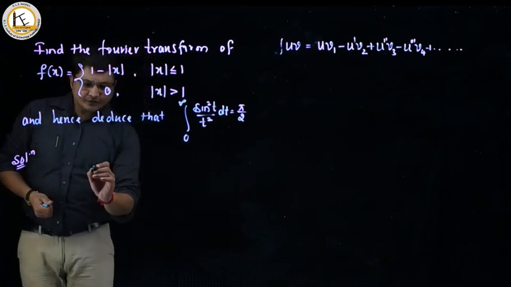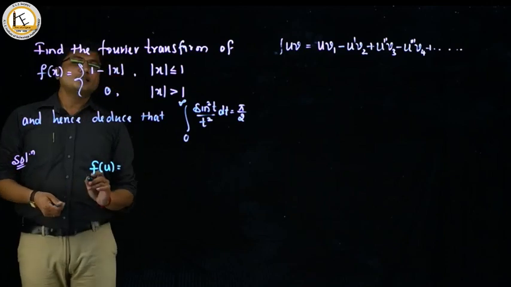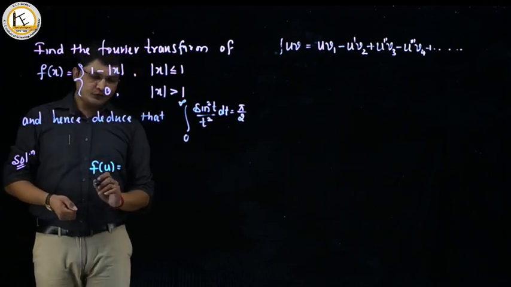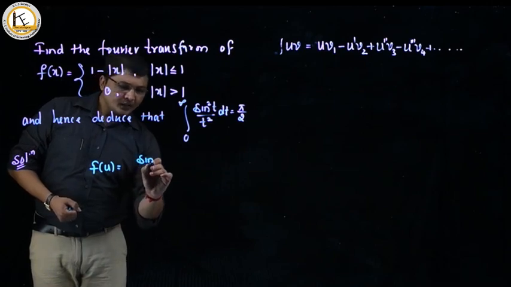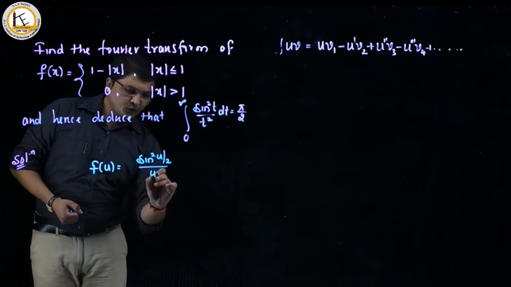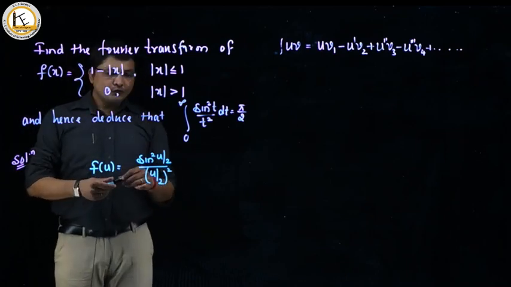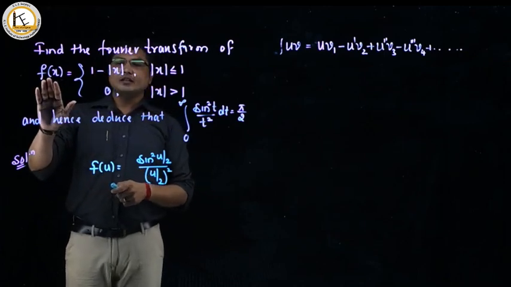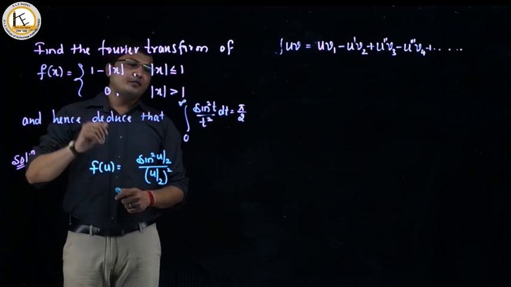Since from the first part we obtained the Fourier transform of this function f of x, and it is sin square u by 2 divided by u by 2 the whole square, this is the Fourier transform of the given function f of x, which we obtained from the first part.